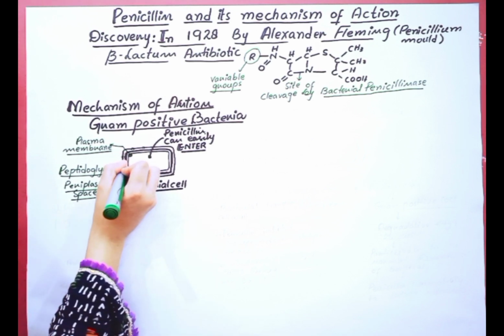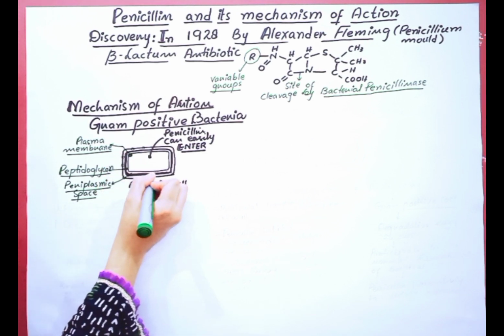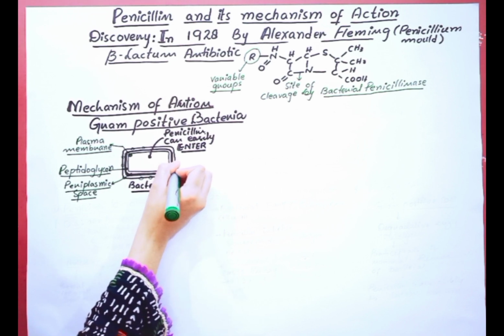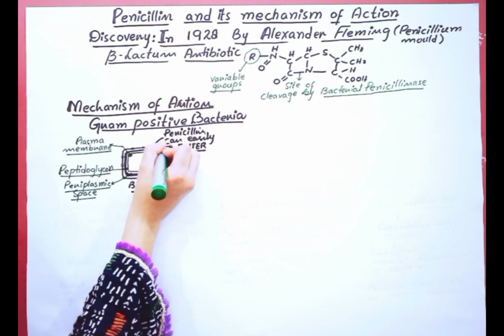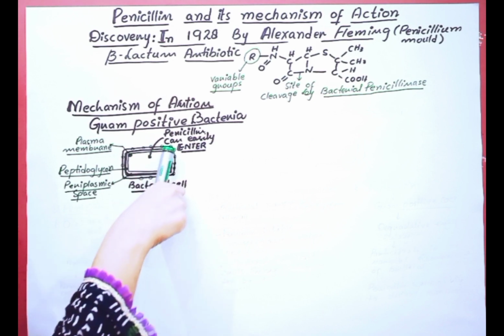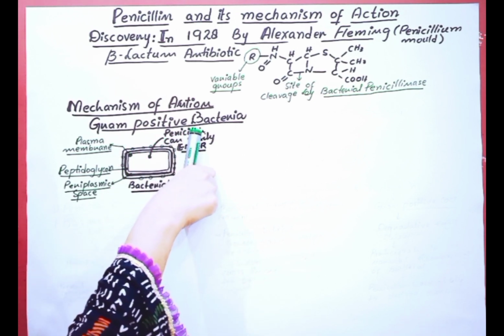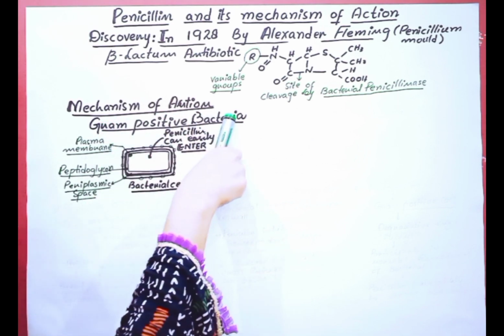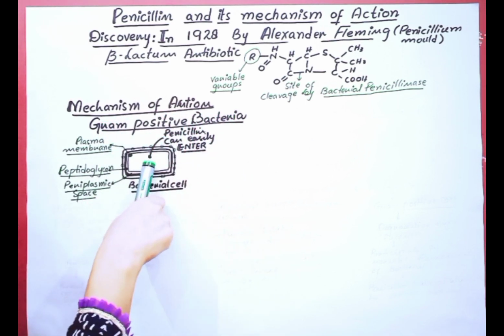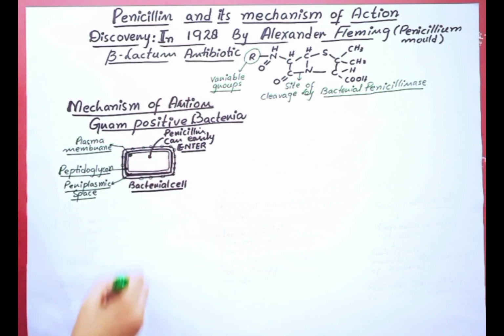You can see there is no outer layer in gram-positive bacteria, and penicillin doesn't find any hindrance to enter into this bacterial structure. It is very easy for penicillin.